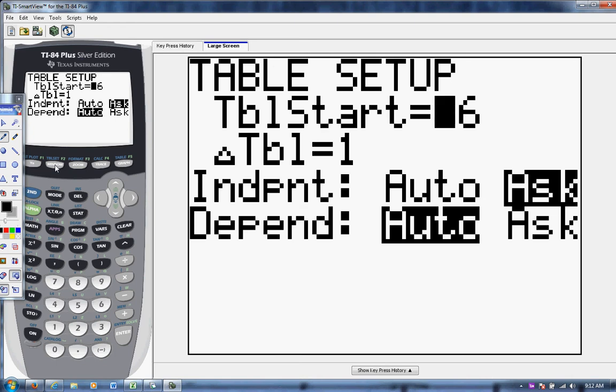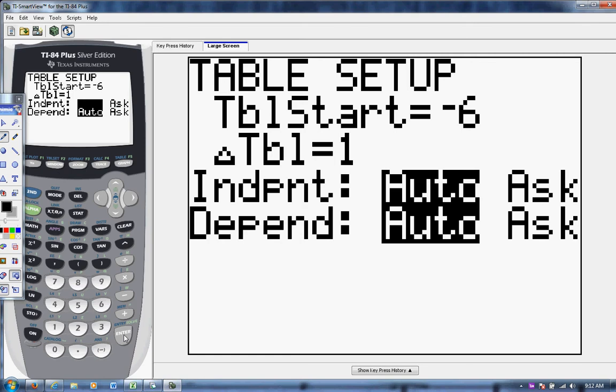Starting at negative 6, I need to make sure that this is on independent. I don't want to do ask. I want to make sure my independent is on auto. And why don't we just start at maybe negative 10. Okay, and let's go to the table now.